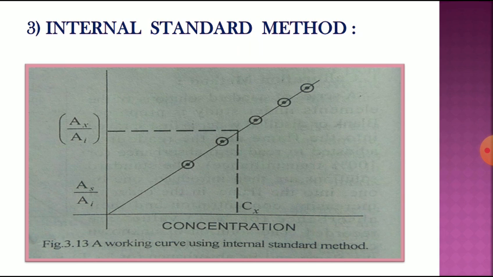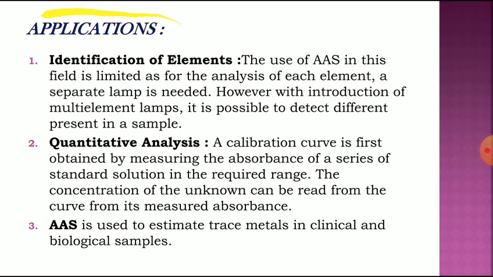Now we will see the applications of the atomic absorption spectrophotometer. First application, identification of elements. The use of AAS in this field is limited, as for the analysis of each element a separate lamp is needed.